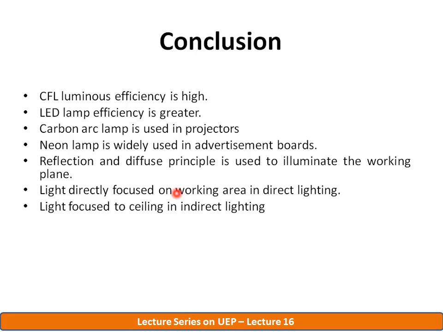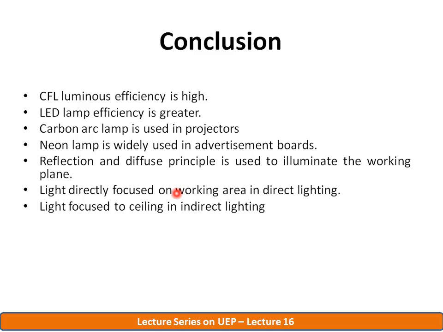The efficiency of the LED lamp is highest, and its working life is 1 lakh hours. The carbon arc lamp is the oldest lamp, normally used in projectors and searchlights. Neon lamp is widely used in advertisement boards. Neon gas is used.